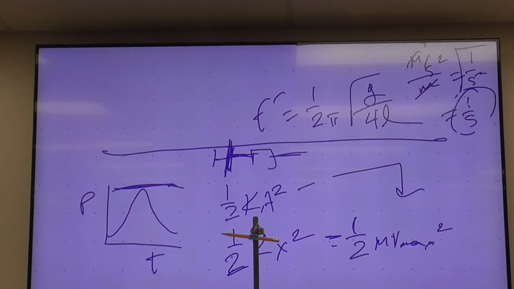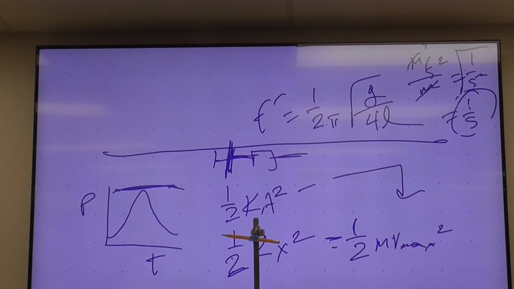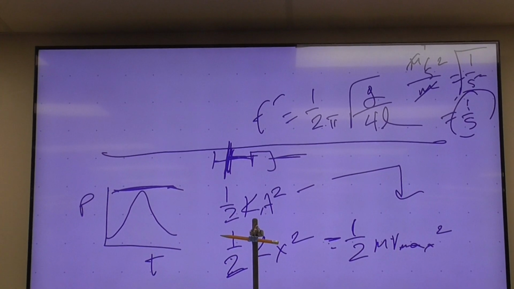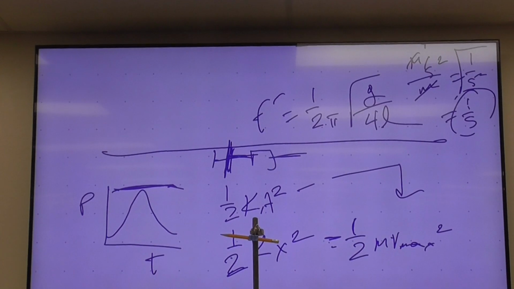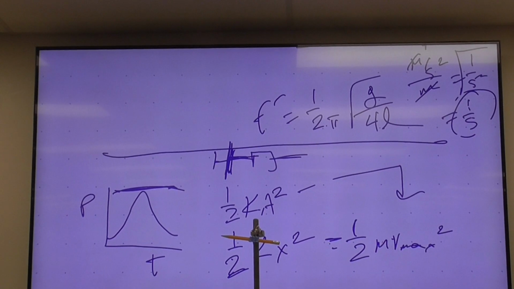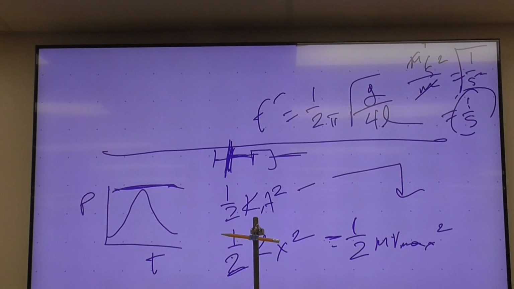So that's a simple way to use process of elimination: which ones have velocities that are equal to 0 when the position time graph has tangent lines equal to 0? When you have your maximum velocity, that's in the middle. Which graph picks up on that?